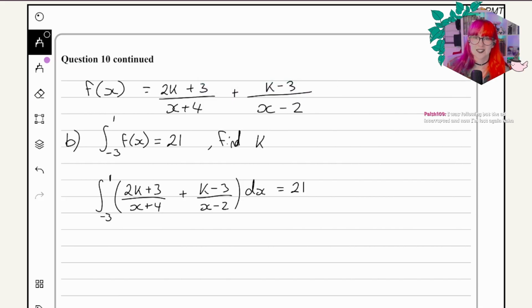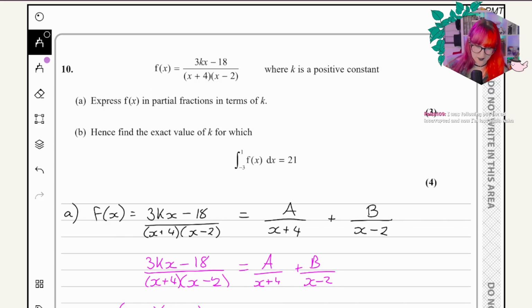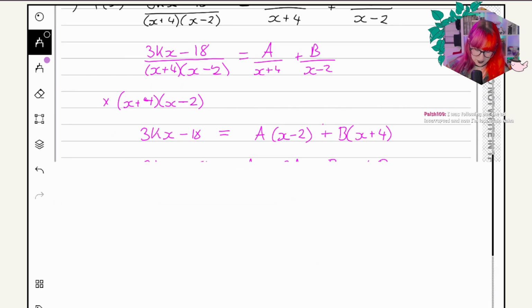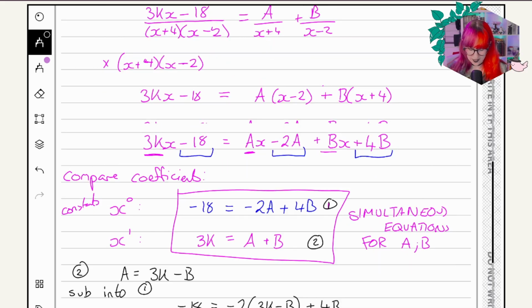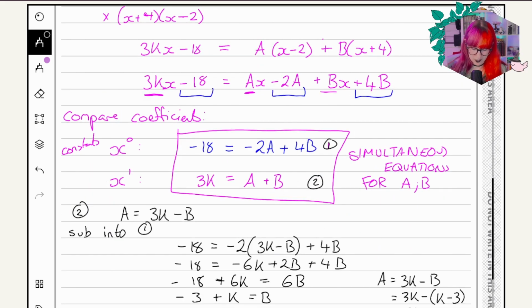Following, but the ad interrupted and now you're lost again. Oh no! Okay, so what we had was this mixed term. We wrote it out in terms of a and b here, and then multiplied both sides of that expression by x plus 4, x minus 2. And that gave us 2 equations by looking at what had terms that didn't have an x in them.